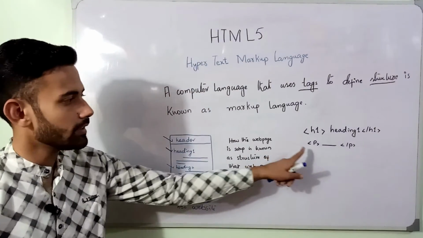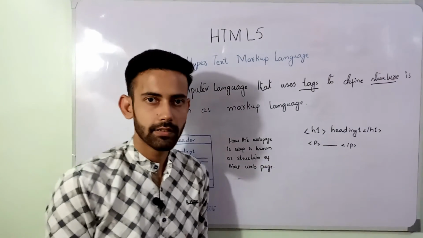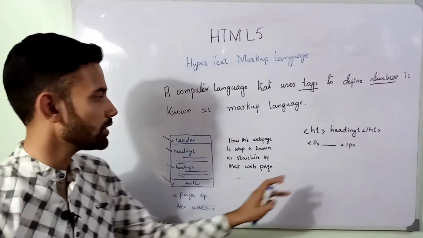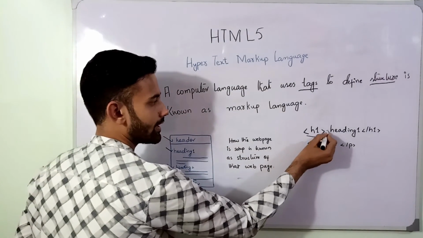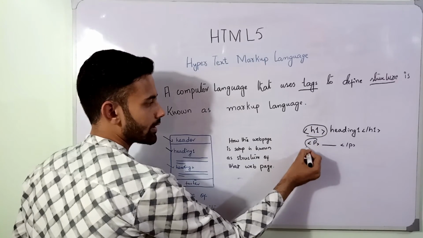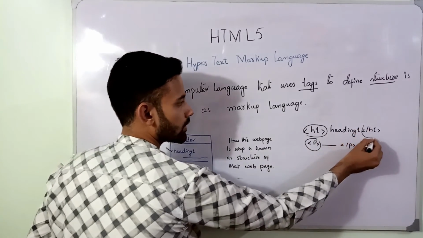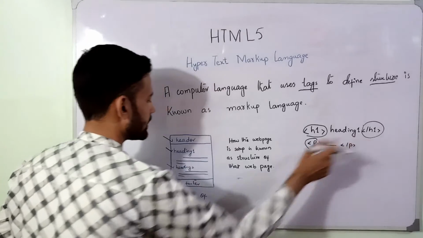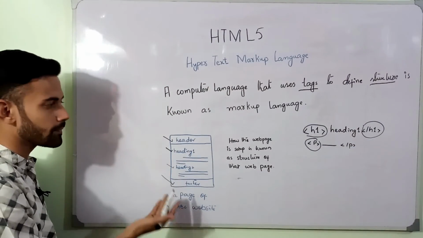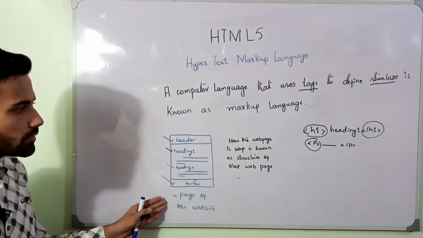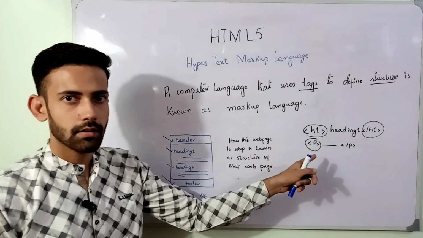Okay, we will see this thing, what these things are, in the next video, but first you need to understand that we are using these tags. This is a tag, this is also a tag, this is also a tag. We are using these tags to design our structure, to create our structure. Okay, so to create the structure of the web page, we use tags.